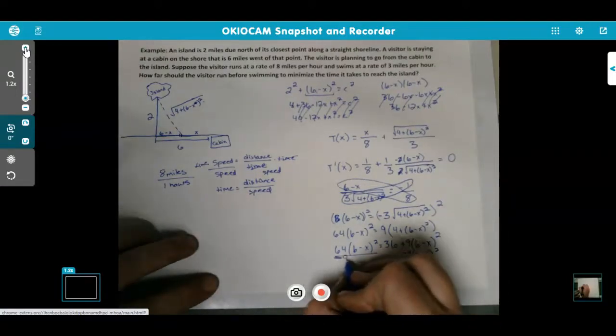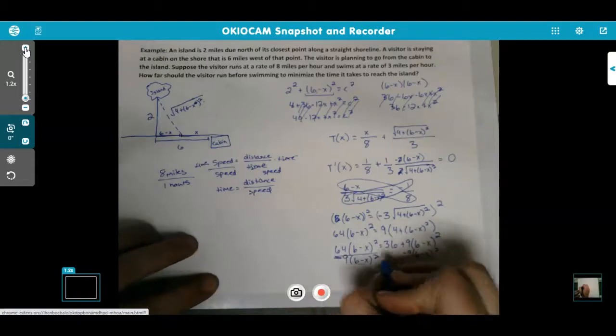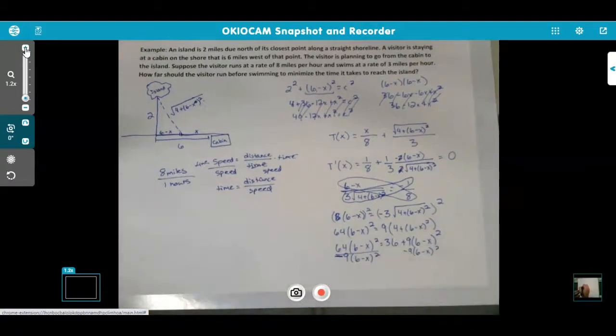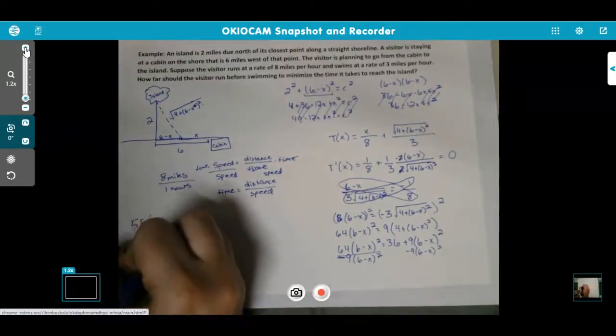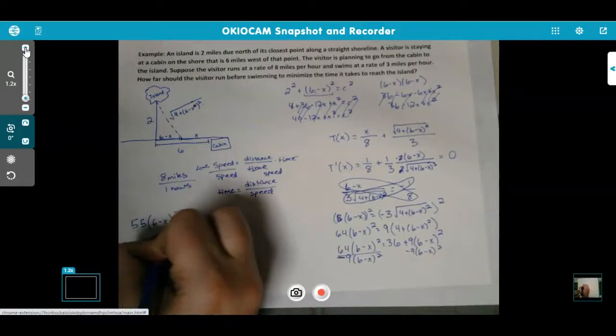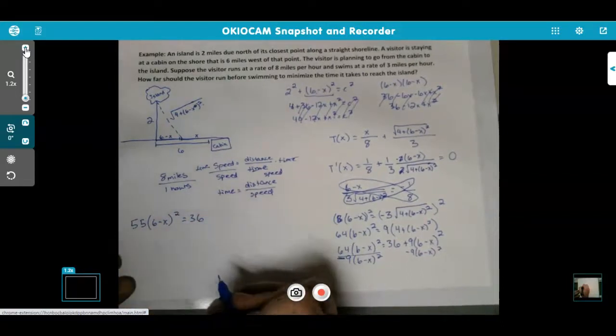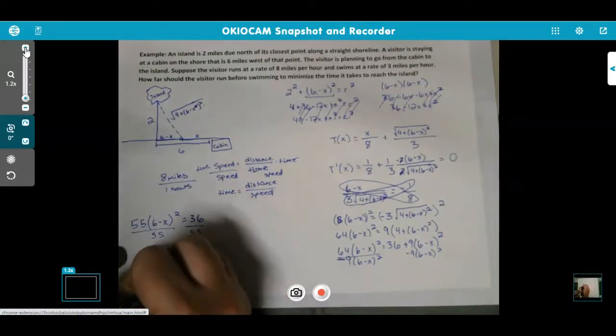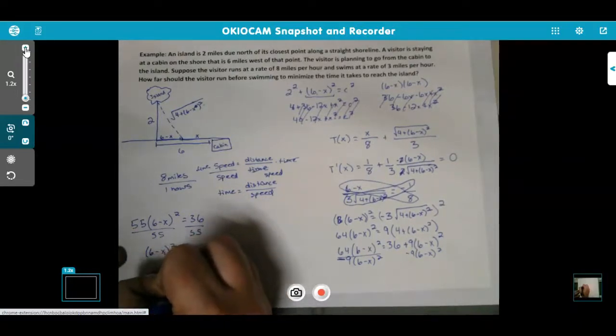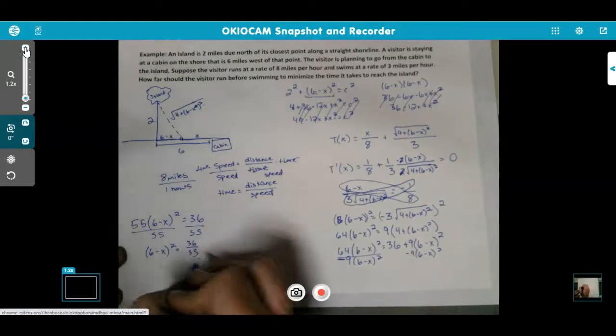Or sorry, minus 6 minus x squared. 64 minus 9 is 55. So that's going to be 55 times 6 minus x squared equals 36. Divide by 55. 6 minus x squared equals 36 over 55.